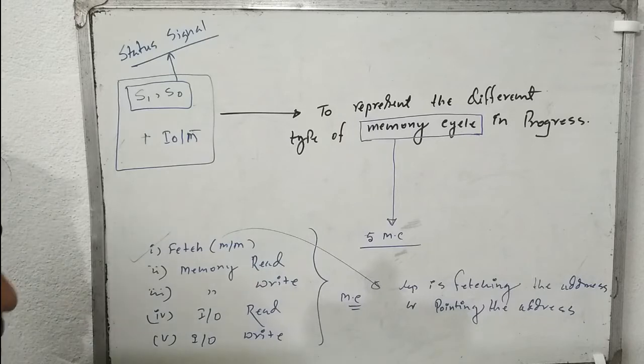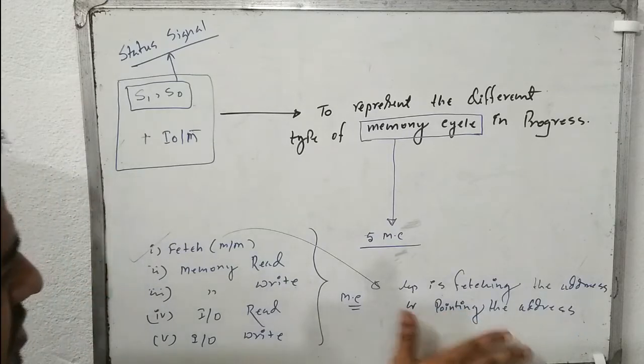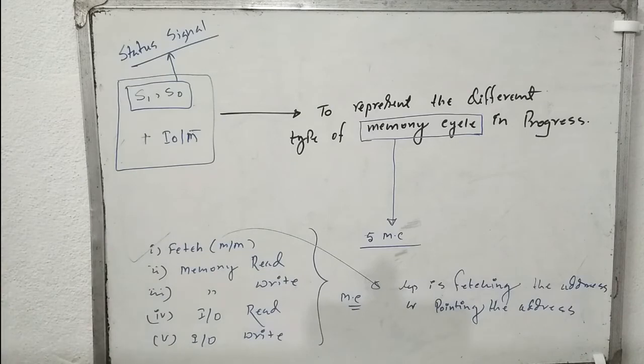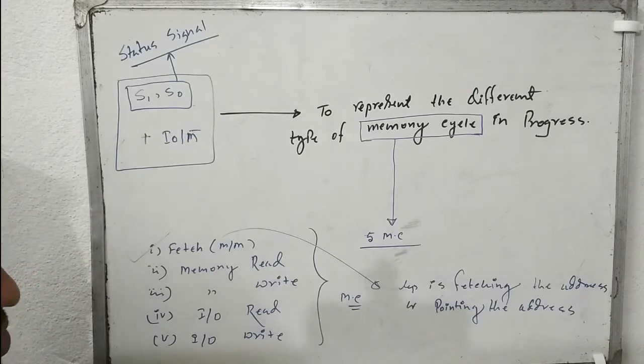We'll see this thing in detail in our coming session. Before discussing this, we need to talk about some other things also, so I am not diving into that now. Just remember that the microprocessor is fetching the address or pointing the address. That means the program counter always holds the initial address.